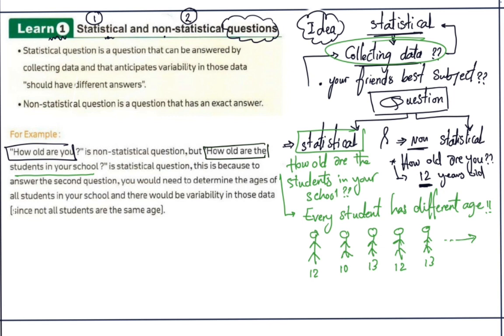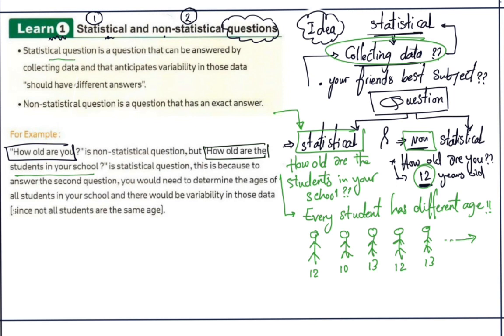If the question is like that, it will be a statistical question. But if the answer is like 12 years old, then it's a non-statistical question.